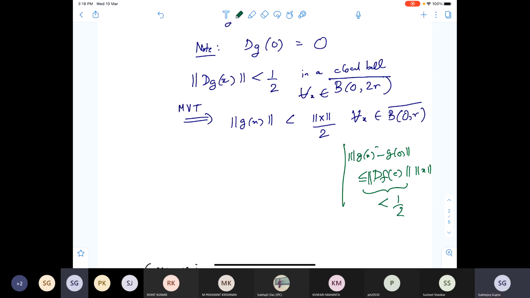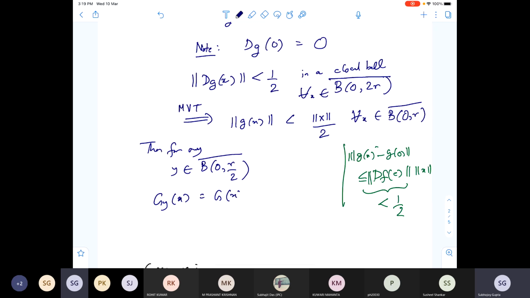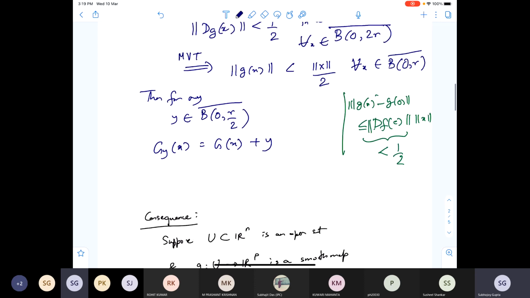This in turn tells you that for any y in this closed ball of size r over 2, if you look at the new map g of x plus y, then this maps the closed ball of radius r to itself.